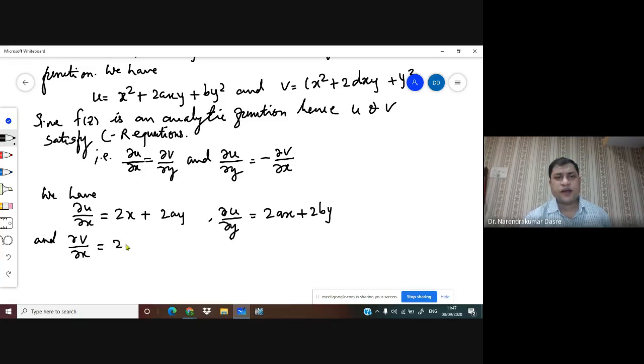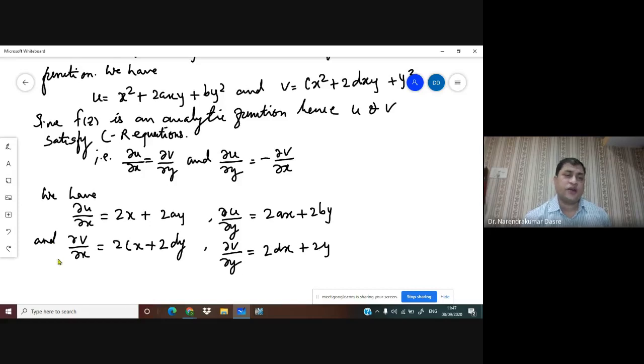What is v_x? 2cx. We have to be careful, because this is cx square. So v_x is 2cx plus 2dy, and v_y is 2dx plus 2y. So this is what the first order derivatives we have.